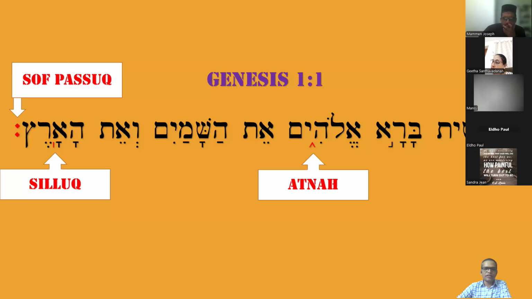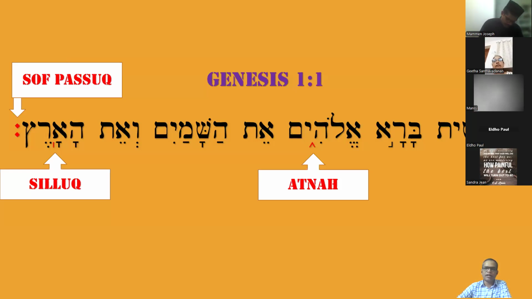Three basic accents will appear in a Hebrew verse. One marks the first half of the verse, another marks the second half, and the third gives an indication that the verse ends.